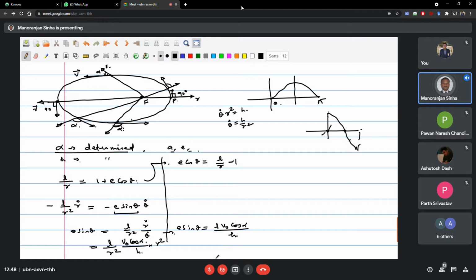And L and H are connected together. They are not independent of each other. So we need to rewrite them. We use the expression mu times L is equal to H square, so we can use this to eliminate this part here and simplify it.